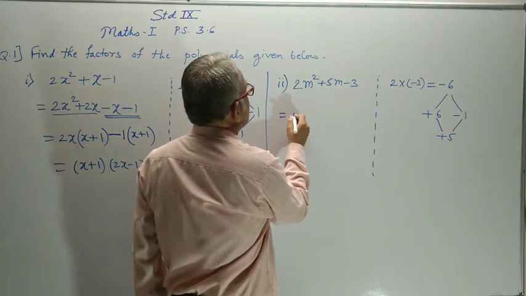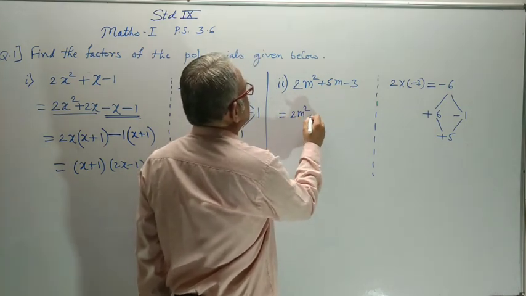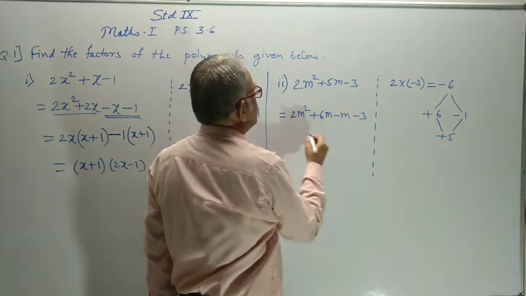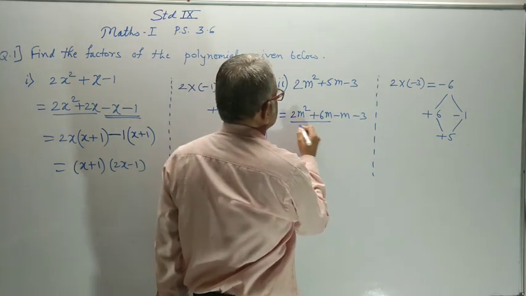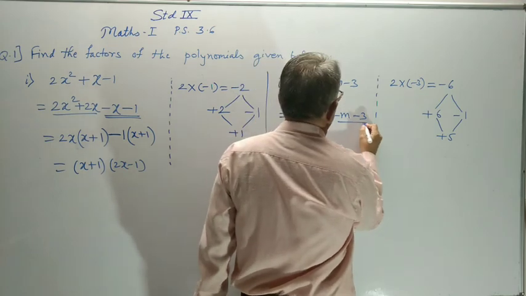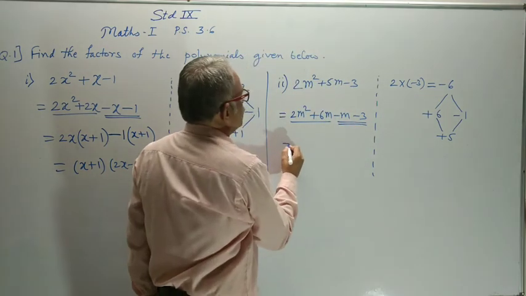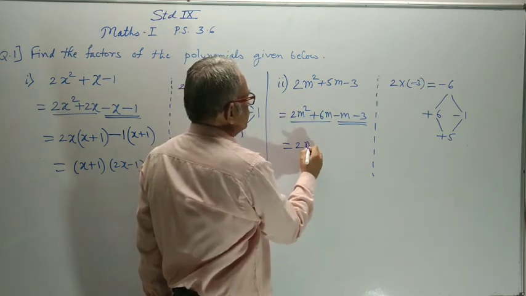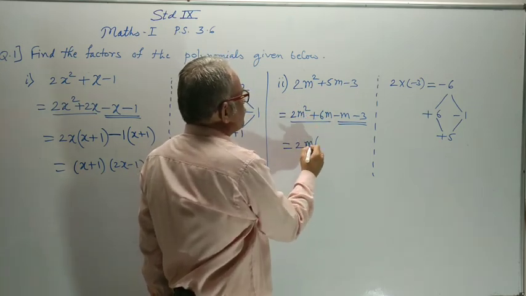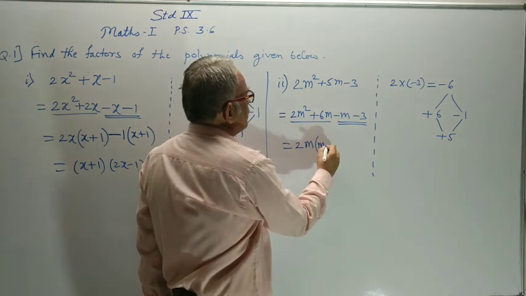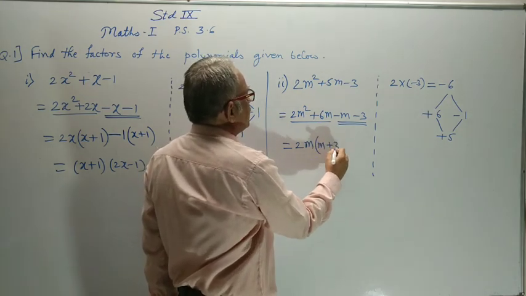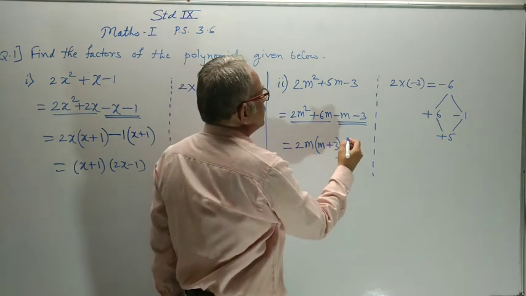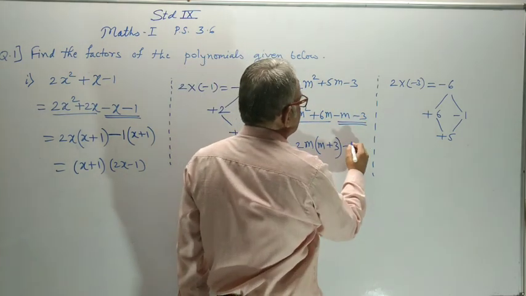So the expression is equal to 2m square plus 6m minus m minus 3, and it is exactly similar to the first. 2 common, m also common. Out of 2m square, 2m common means m remains, plus 2 threes are 6, m is taken common. Minus sign common; no number looks common, meaning 1 is common.